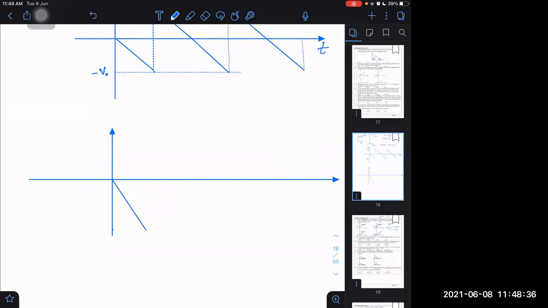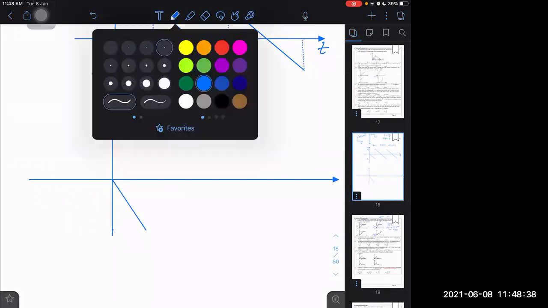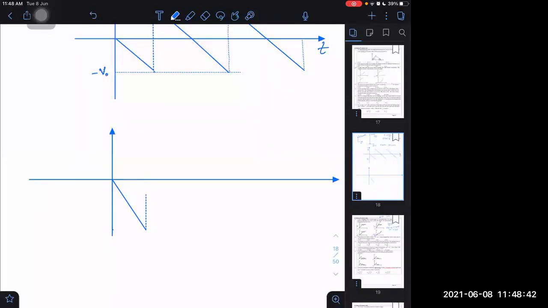But afterwards, the distance will be reduced. First time it is going up to velocity minus v naught. Next time it will be coming up to minus v naught by 2, then minus v naught by 4, let us say.